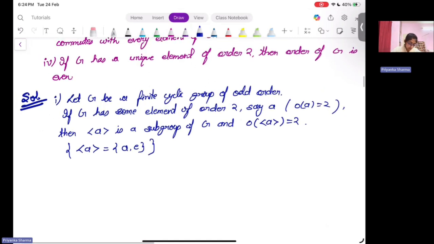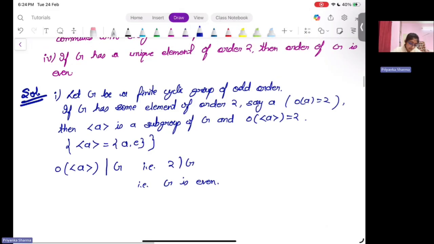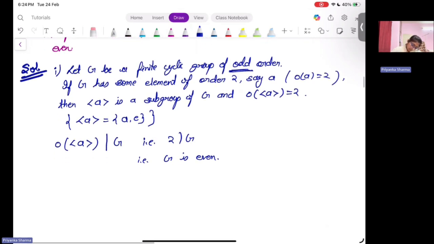But by Lagrange's theorem, we know that if we have a finite group, then order of any subgroup will divide order of G. It means the order of the subgroup generated by a should divide order of G, so order of G is even. But we started with a group of odd order. So this is a contradiction.